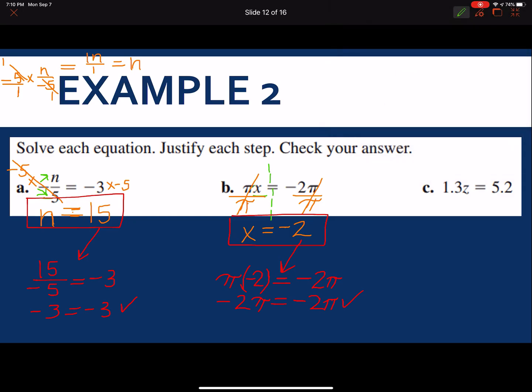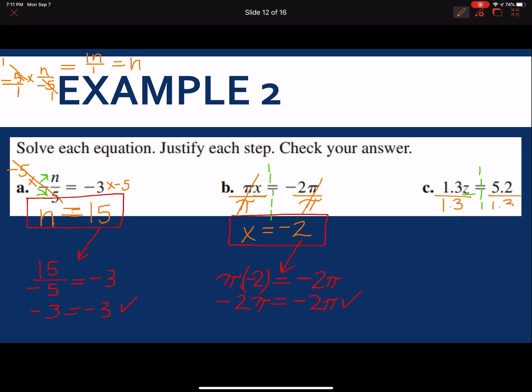Okay, let's start out with example C. 1 3/10 times z equals 5 2/10. So here's my divider. My variable's the z. It's being multiplied by 1 3/10. So I'm going to divide or use the inverse operation.